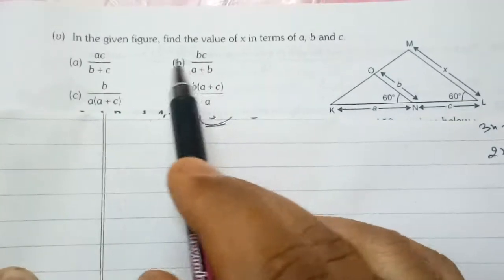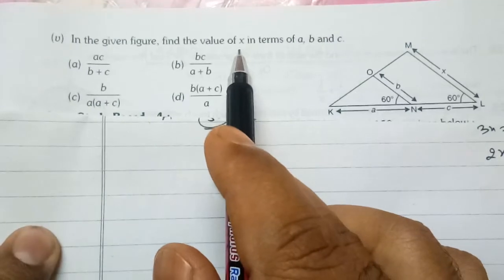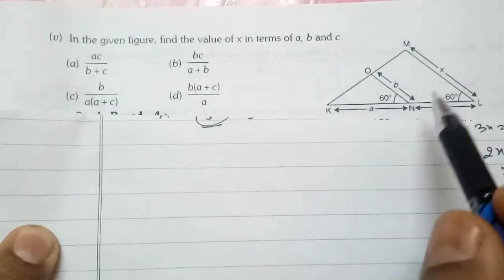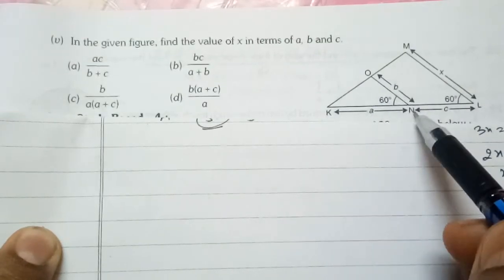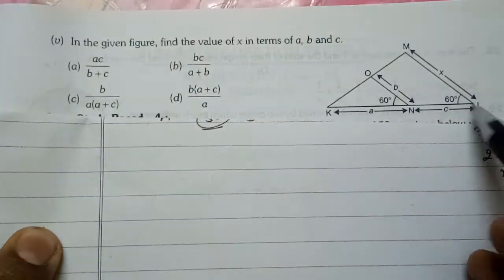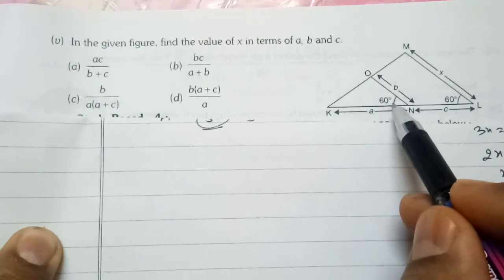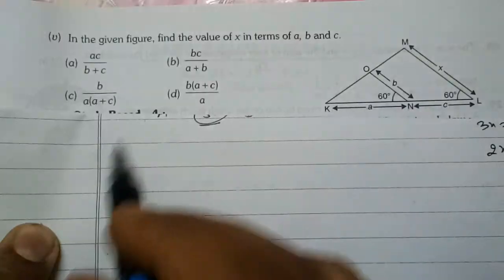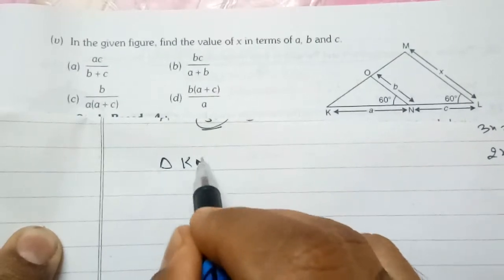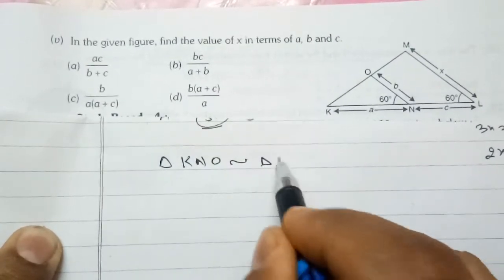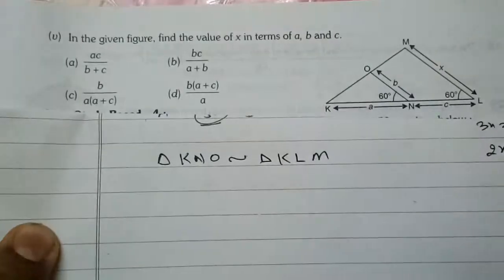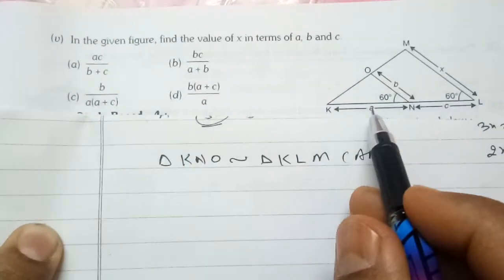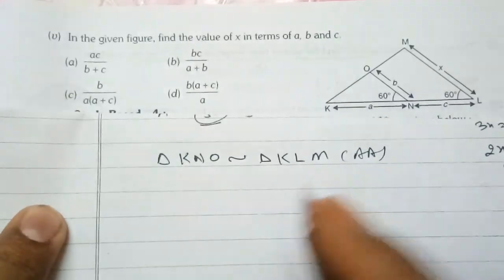Now this is the last question: you have to find the value of x in terms of A, B and C. Here, in triangles KNO and KLM, the 60 degree angles are equal and angle K is common. So triangle KNO is similar to triangle KLM by angle similarity. In this condition the ratio of corresponding sides is equal.